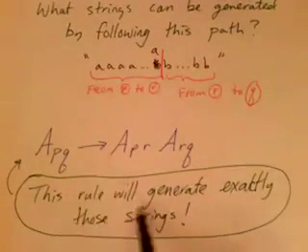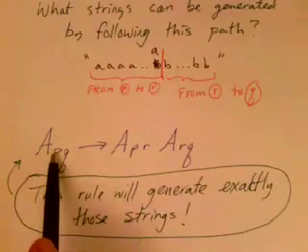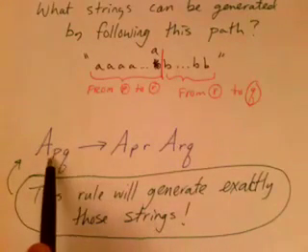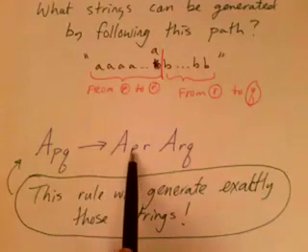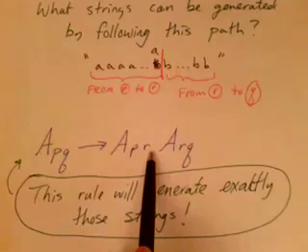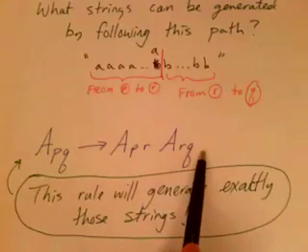This rule will generate exactly the strings that we're after. To get from state P to state Q in the pushdown automaton, we could go from state P to state R, end up with an empty stack, and then go from R to Q, again from an empty stack, ending with an empty stack.